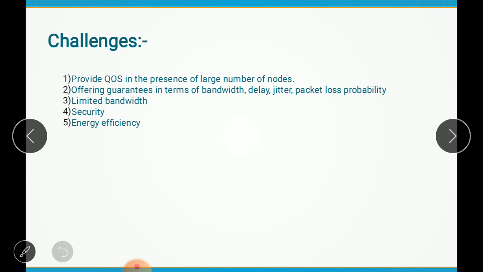Our WSN has to meet these. There is limited bandwidth, and we have to use this limited bandwidth to utilize our wireless system. Security is a major concern, and energy efficiency is another major concern in WSN.